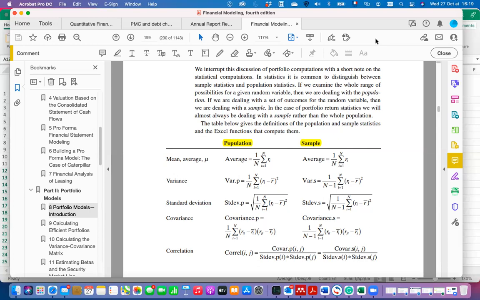And this is for variance, standard deviation, and covariance respectively. For the mean or the average and the correlation, there is no difference. We should have the same value. But the difference is when we compute the variance, standard deviation, or covariance.